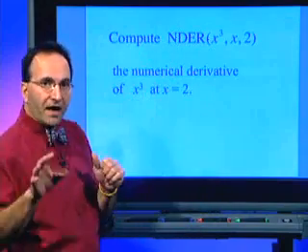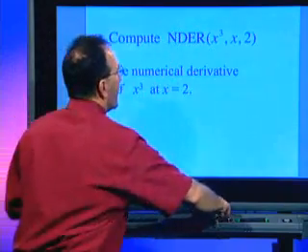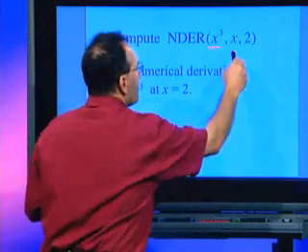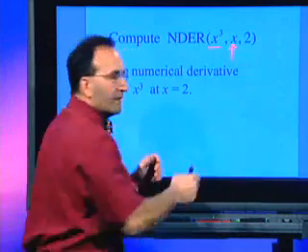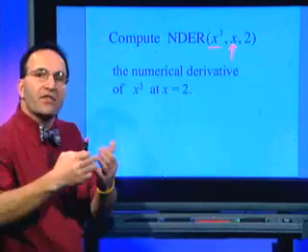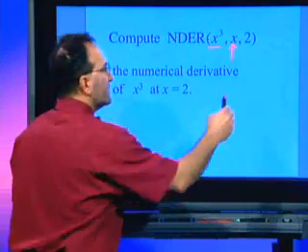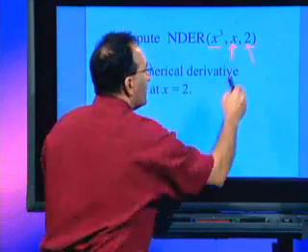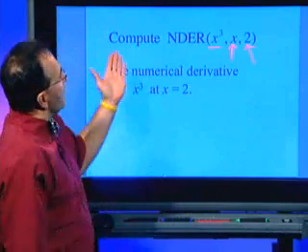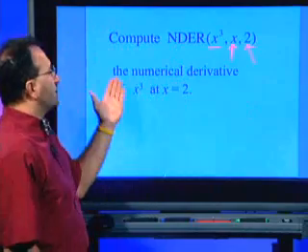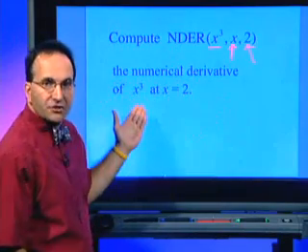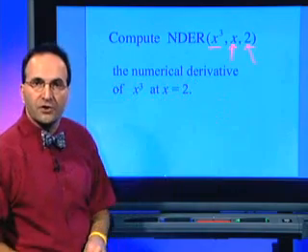It takes the function, which in this case is x cubed. It takes the variable; we have to tell it that the variable we want the derivative with respect to is x. And the third argument is the point at which we are looking for the derivative. So computing nDeriv is computing the numerical derivative of the function x cubed at x equals 2.